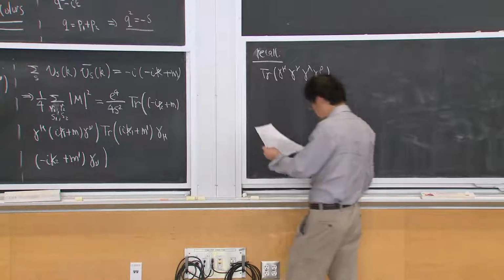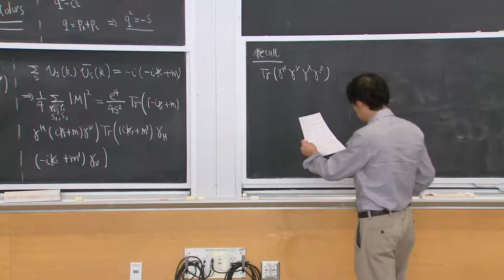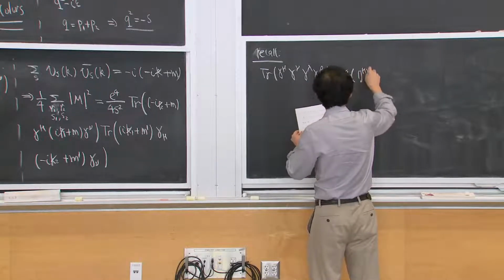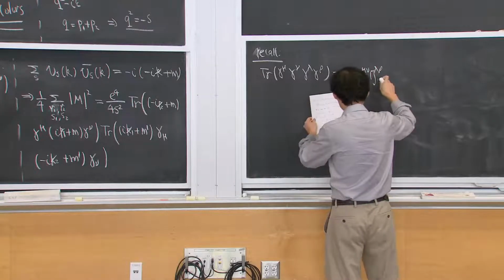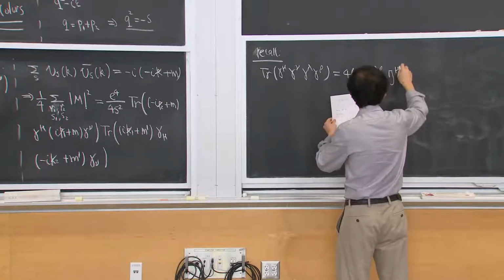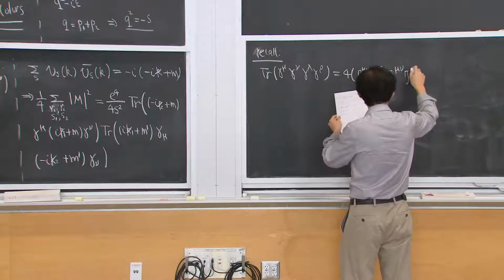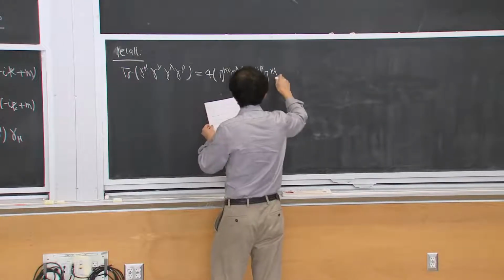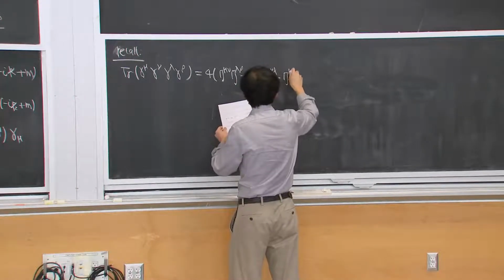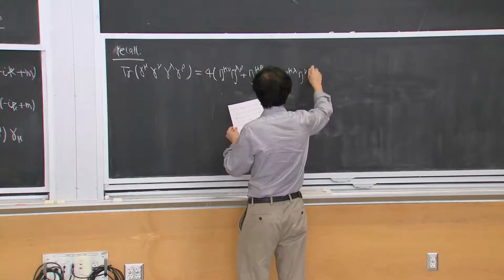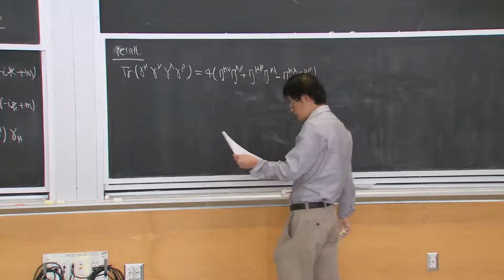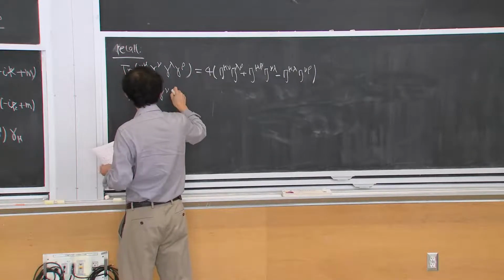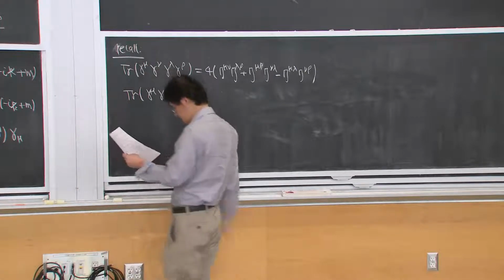What is the trace of the product of 4 gamma matrices? This is just given by eta mu nu eta lambda rho, plus eta mu rho eta nu lambda, minus eta mu lambda eta nu rho. And if you have 3 gamma matrices, do you know the answer? 0.